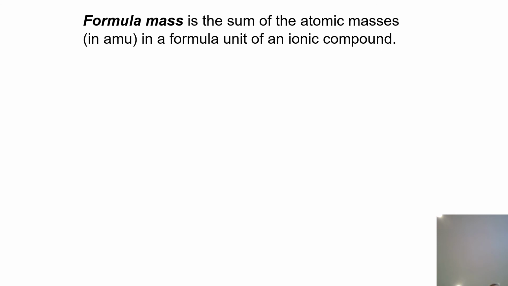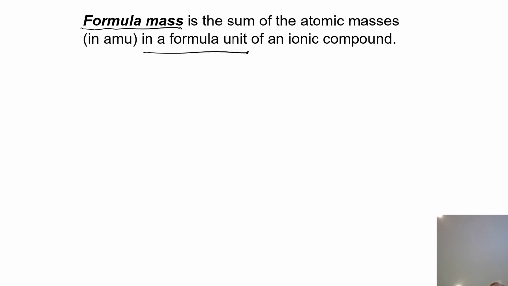And the basic unit of an ionic compound is called a formula unit. Okay? So formula mass, then, is the sum of the atomic masses in AMUs in a formula unit of an ionic compound.